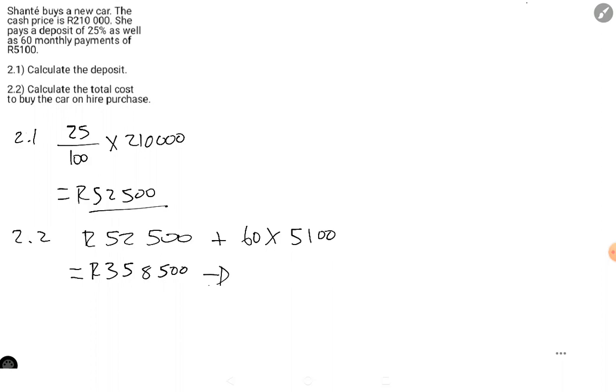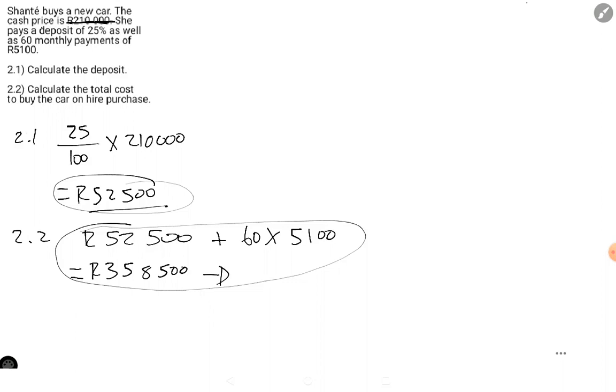And so the question is, calculate the deposit. We've calculated the deposit here, and then the next question is calculate the total cost to buy a car on hire purchase. Whenever you buy something on hire purchase, just know you're going to put down a deposit, and just know that the total amount is going to be more than the amount that you were initially given there.